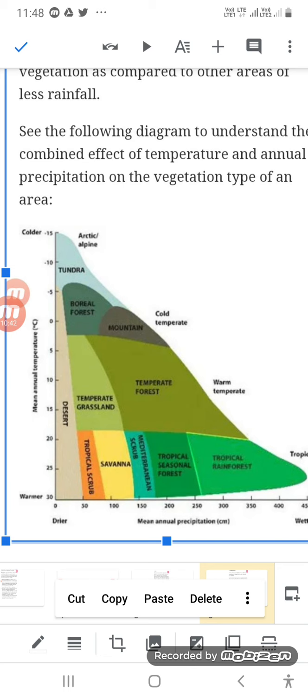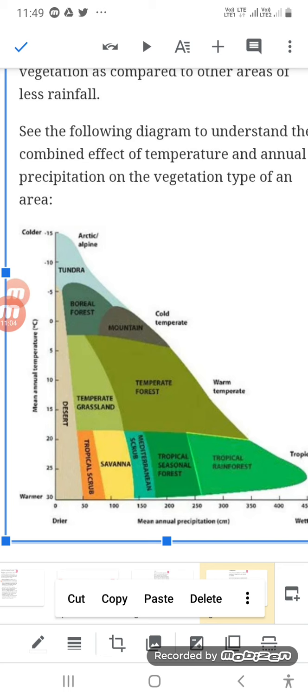When the mean annual precipitation is 50 to 80 centimeters and the mean annual temperature is 18 to 30 degrees Celsius, it favors tropical scrubs.